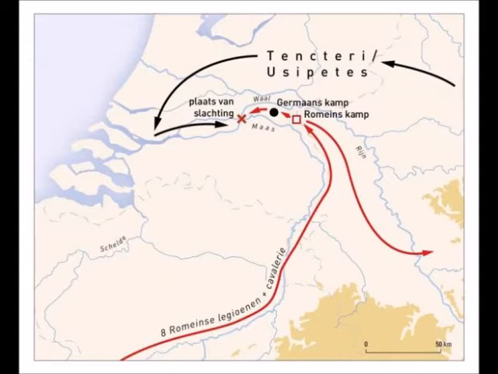But for some strange reason, what happened next was that Julius Caesar had a change of heart about these large numbers of tribespeople on the eastern side of the Rhine, 55 BC, and he said, "Why, just come over, just come over and settle in the Netherlands."